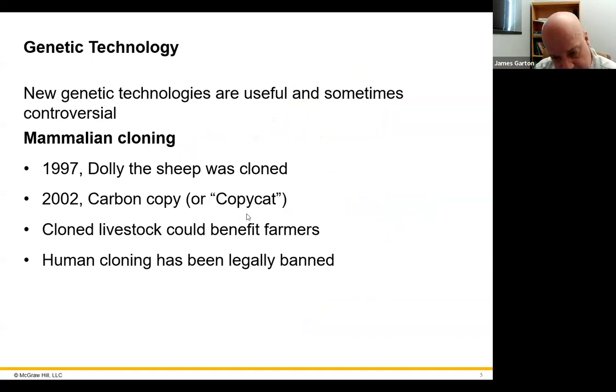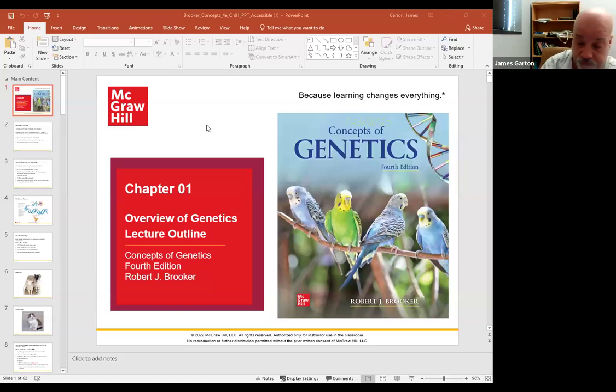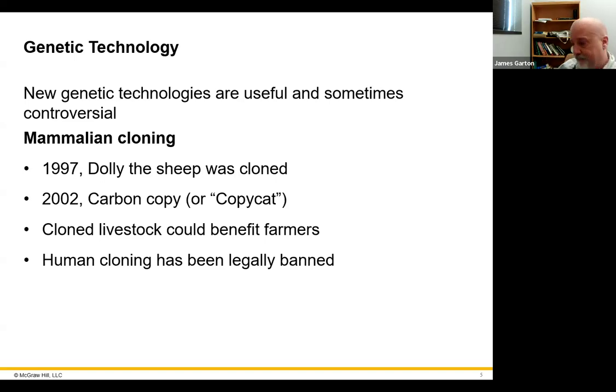And then in 1997, it was announced, right when I started graduate school, or soon after I started graduate school anyway, that Dolly the sheep was cloned in 1997. And Dolly was euthanized in 2004. So this is old news by now. And then in 2002, there was a cat that was cloned by another technique and had a nickname, Carbon Copy, or Copycat.